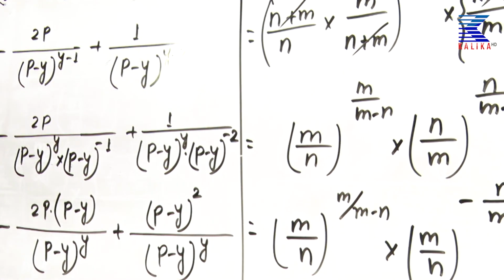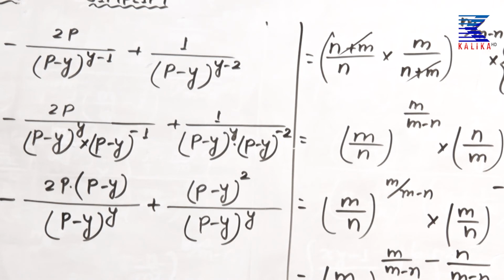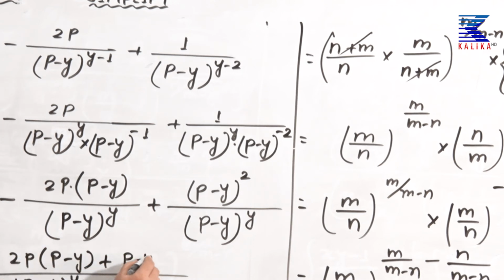Now, taking LCM, in the denominator all are the same, so the LCM is (p minus y) to the power y. Now, p square minus 2p(p minus y) plus (p minus y) whole square. Clear? Now, look here, a square minus 2ab plus b square, here (a plus b) whole square.